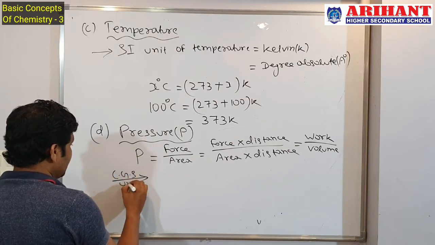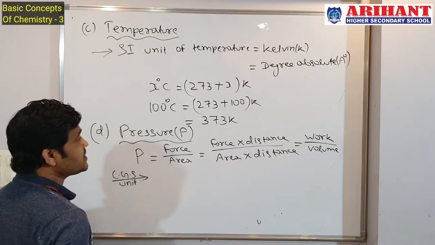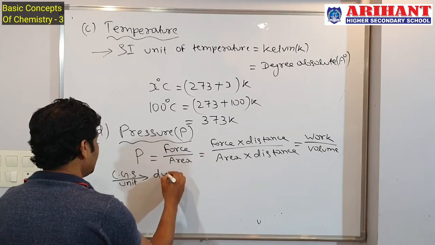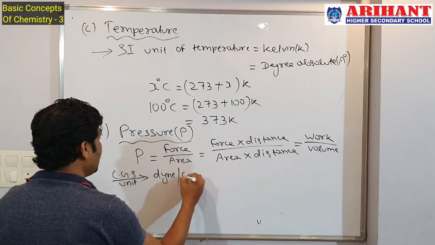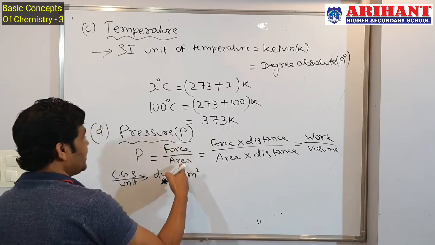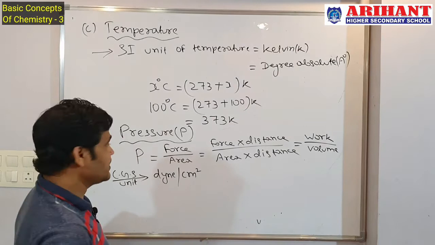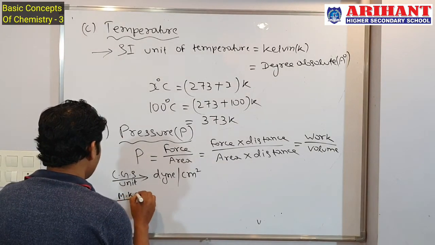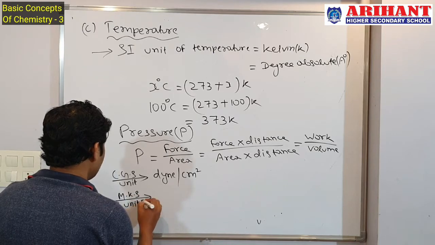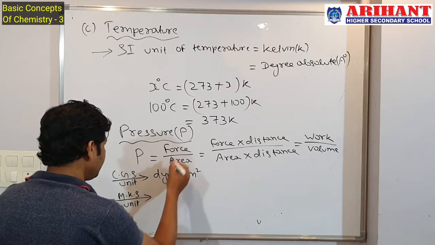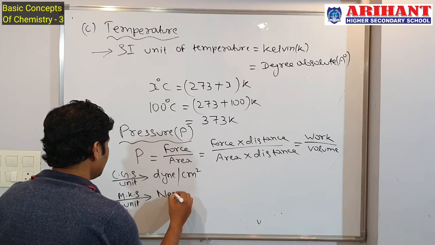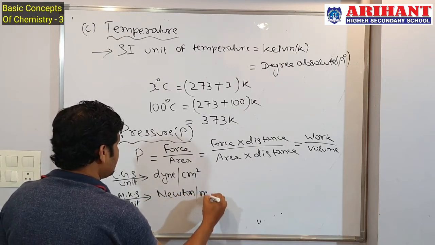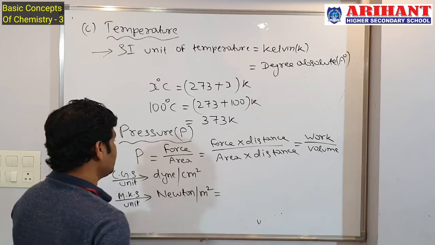CGS unit of pressure. Force dyne, area cm square. Area is nothing but length square, cm square. MKS unit. Force Newton per meter square.